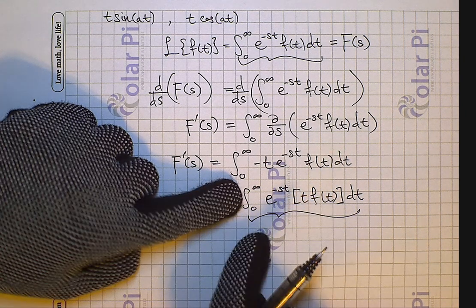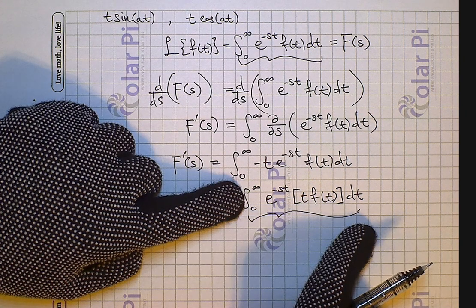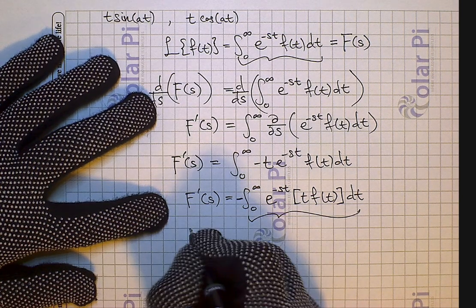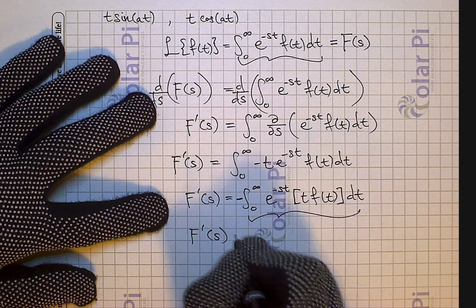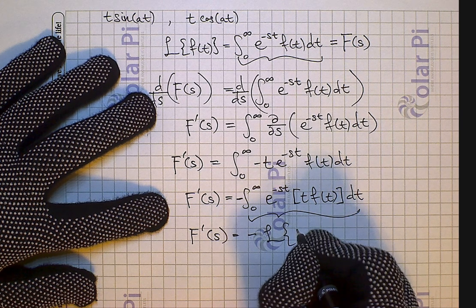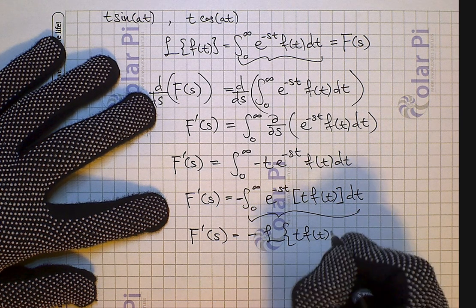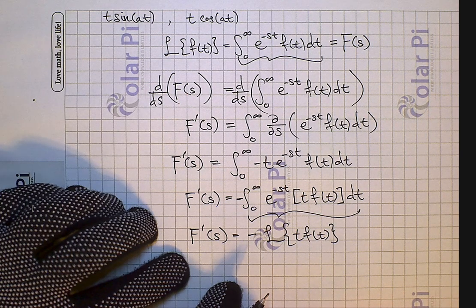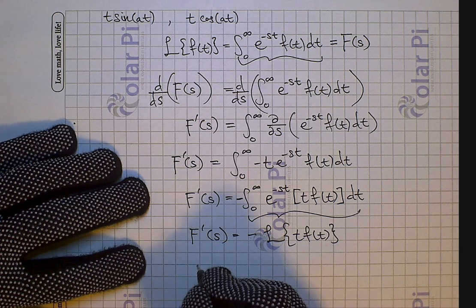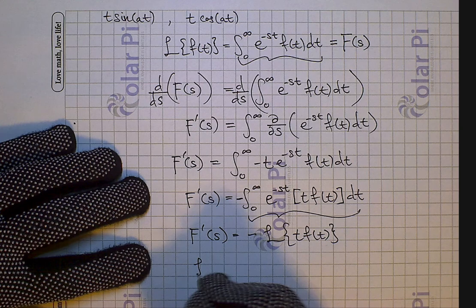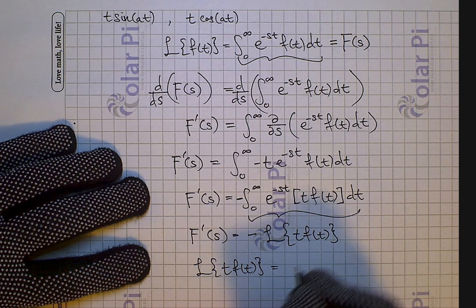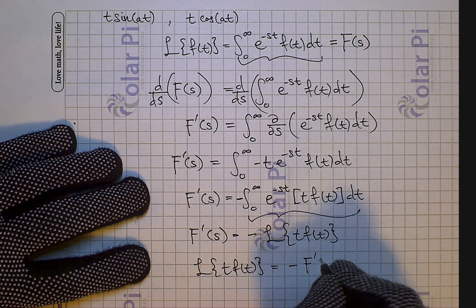So that must mean that without the negative, this right-hand side is the Laplace transform of t times f of t. So finally, we can write that capital F prime of s is equal to negative L of t times f of t. And since all along we're after this without the negative sign, you can write it as the property is normally written: L of t times f of t is equal to negative F prime of s.